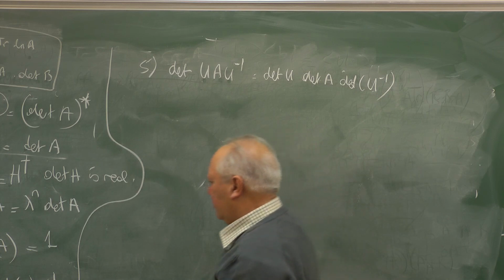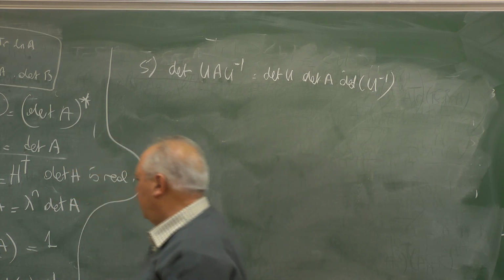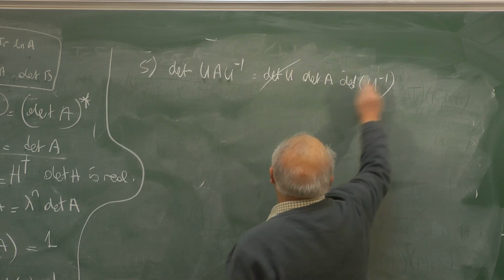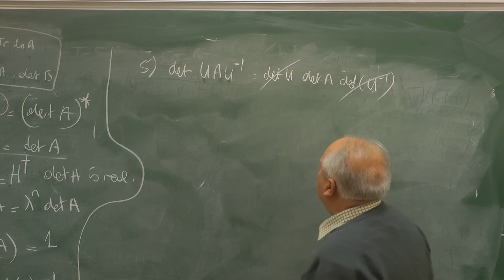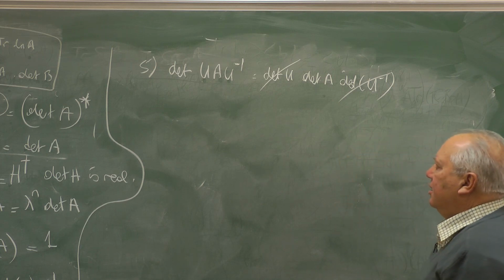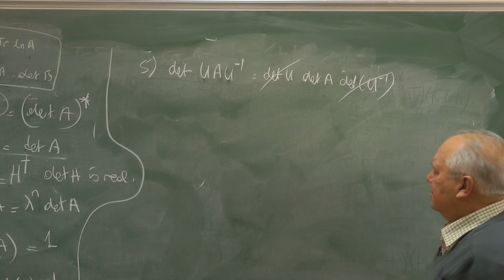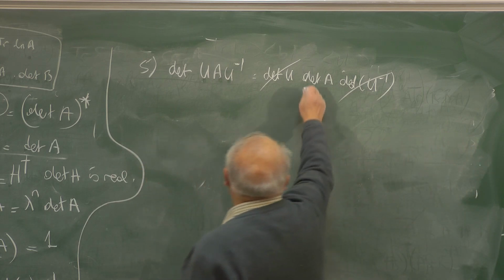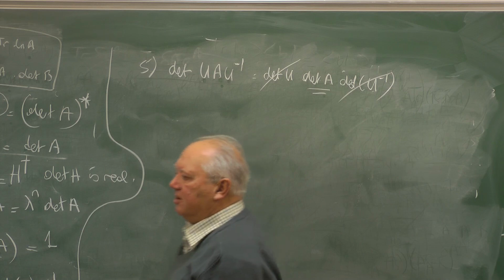But we just proved the determinant of the inverse matrix is the inverse of the determinant. So it is the same determinant. Just like trace, determinant is invariant under these similarity transformations.